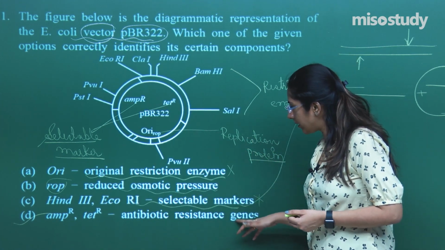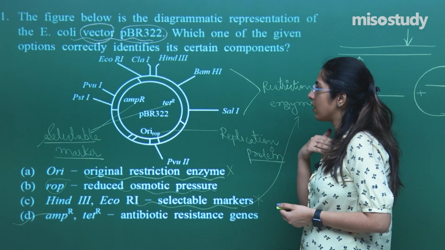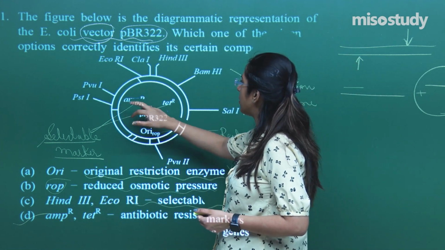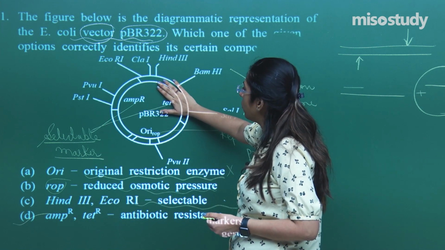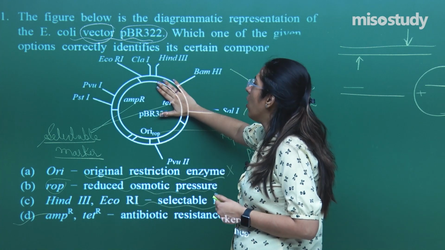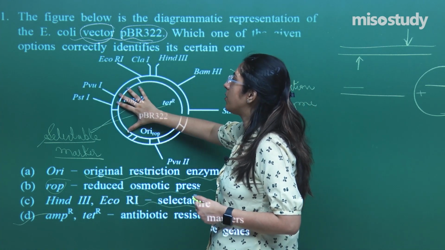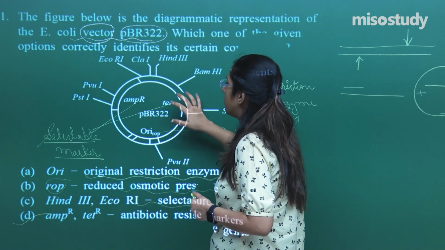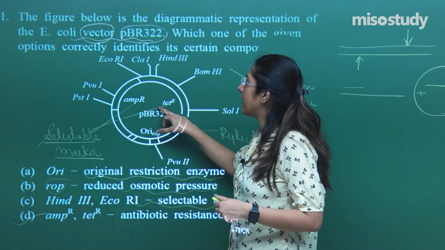Now, I have called this a selectable marker. What do you mean by selectable markers? Suppose I have these two regions, this region and this region. With the help of restriction enzyme, I remove this, right, and I culture these type of cells on ampicillin. Then what will happen? They will be able to survive. Now, I treat the recombinant cell which has been formed with tetracycline.